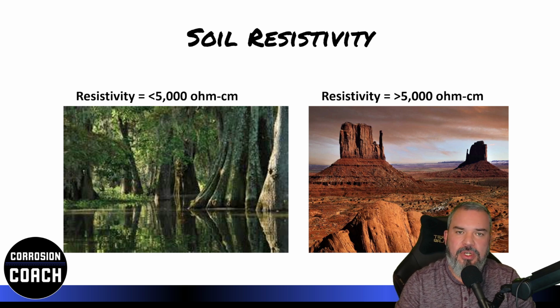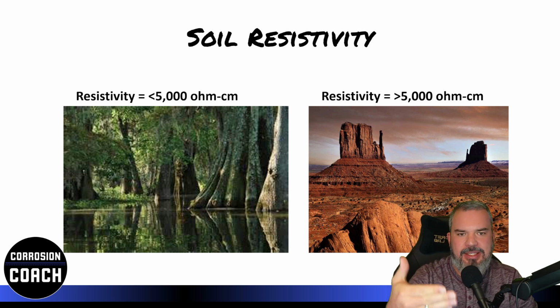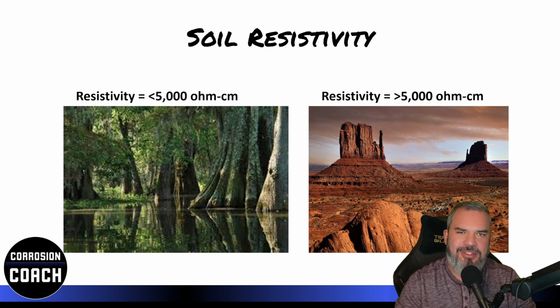Resistance is measured in ohms. Resistivity is calculated into ohm centimeters. So we're going to put it into ohm centimeters or ohm meters, but in this case today we're going to go to ohm centimeters, and that's kind of the standard in our world of how we determine when something is low resistivity or high resistivity.